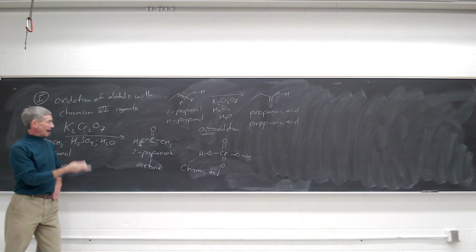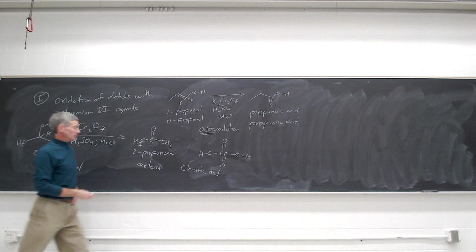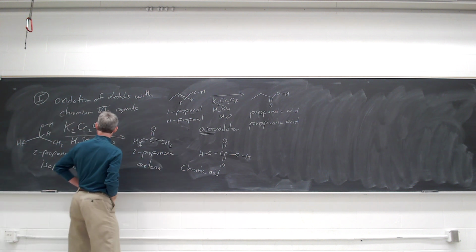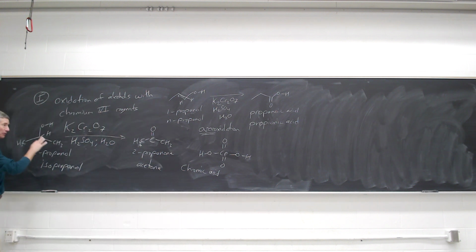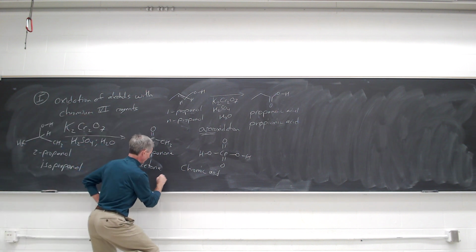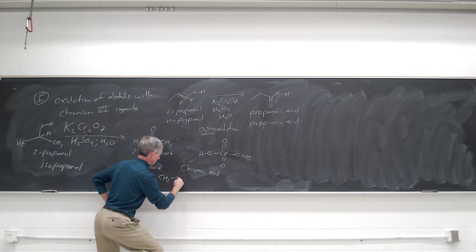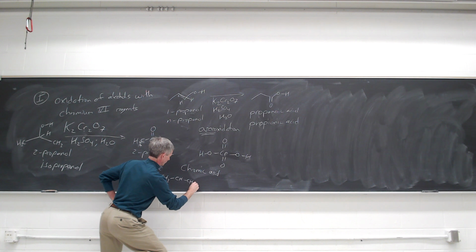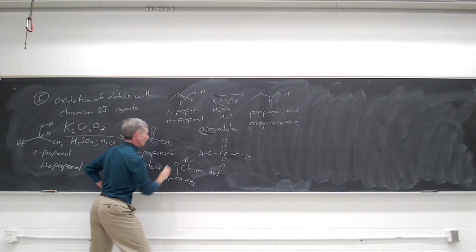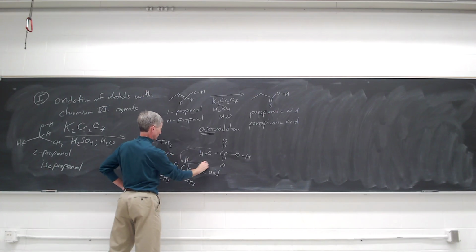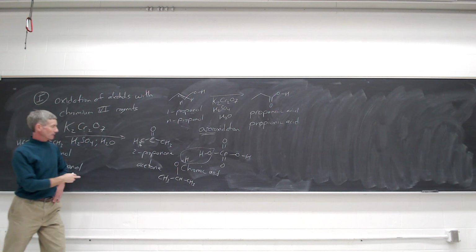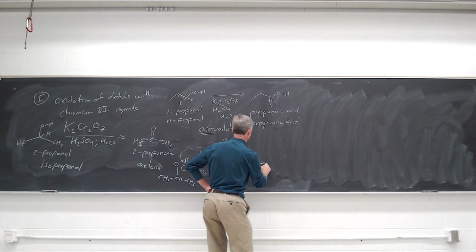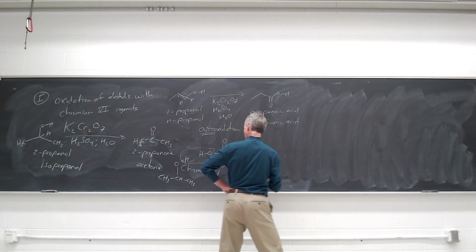And that chromic acid reacts with the alcohol to form a chromate ester by elimination of the elements of water. So we would take out the elements of water, form a chromate ester in a reversible process.